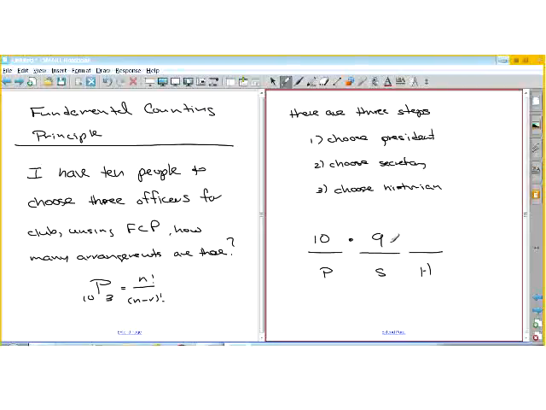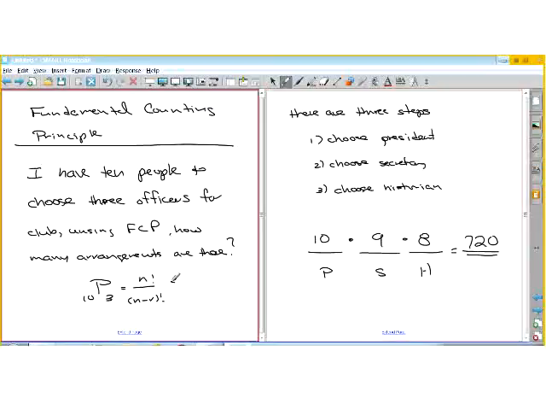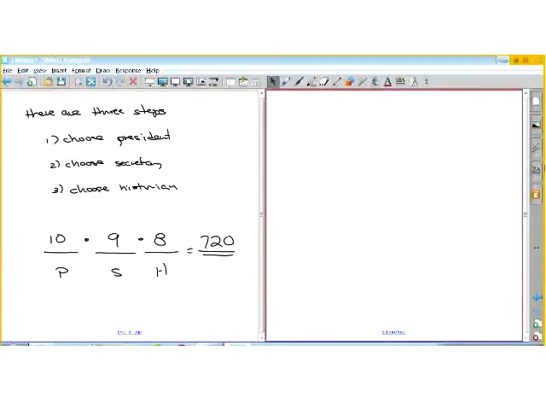Then I'd say, oh, for the secretary, I've got 9 people to choose from now. And then when I get a historian, I've already chosen 2 people, so 10 minus 2 is 8. And so using the fundamental counting principle, I get 720, which is the same answer I would get here. But I want you to spell out a little bit more. Now, that's using the fundamental counting principle for officers.